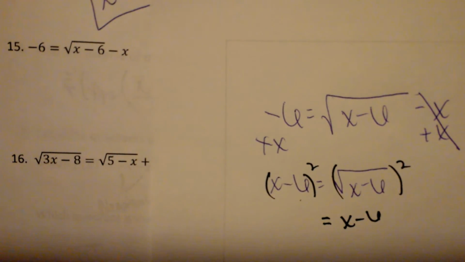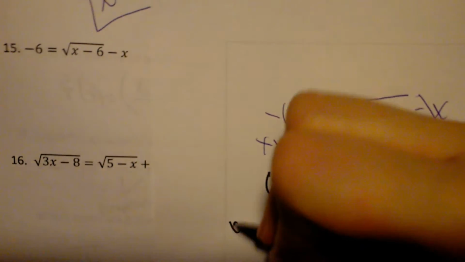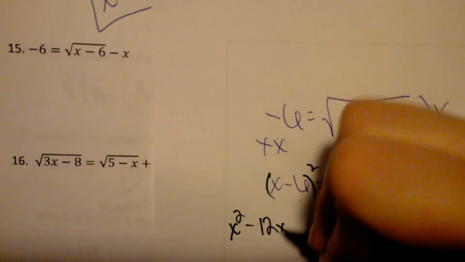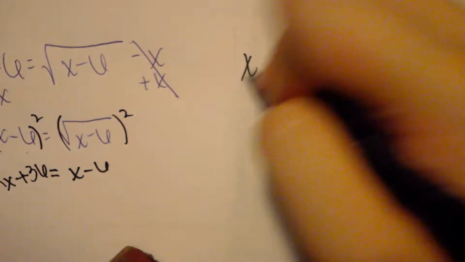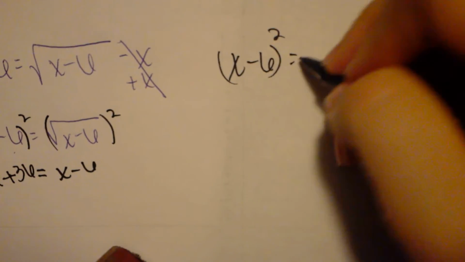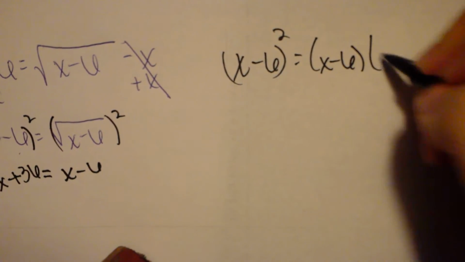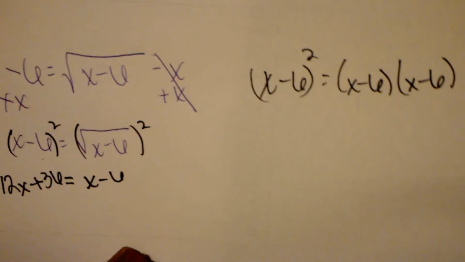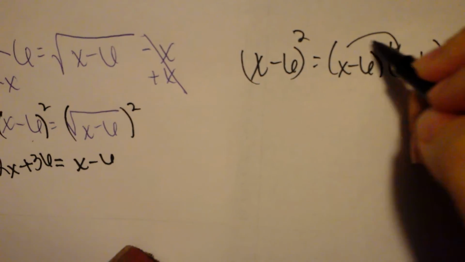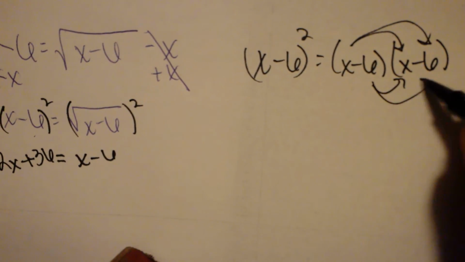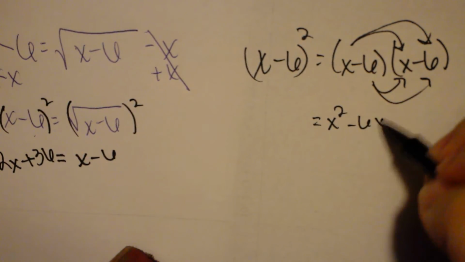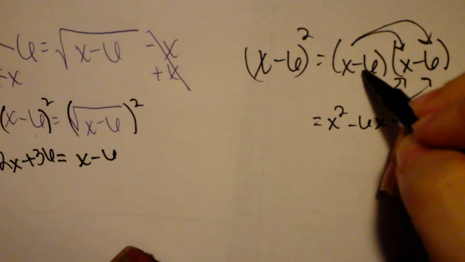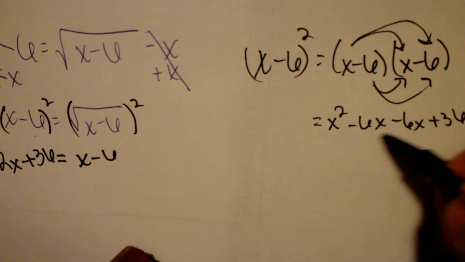The left side, when I square that, I'm going to have x squared minus 12x plus 36. So I have x minus 6 squared, that's x minus 6 times x minus 6. And when I distribute, I have x squared minus 6x minus 6x, and then plus 36.